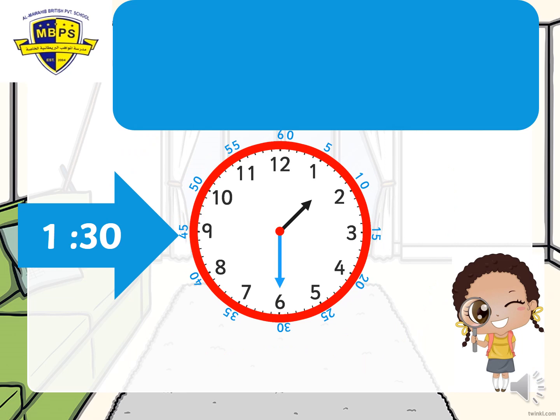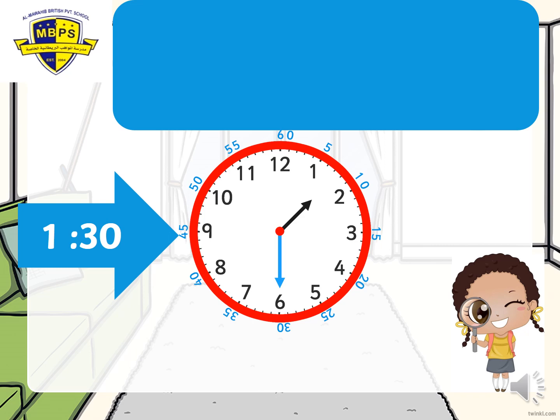How can we tell the time on the clock here? You can see I write next to the clock 1:30. If you are going to tell time on the clock, you have 2 ways: either write in numbers or write using half past. Let's start with how to write using numbers.